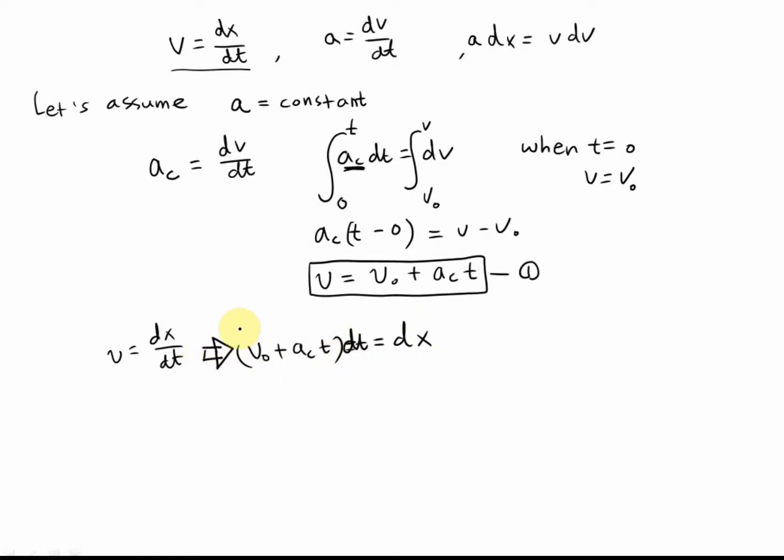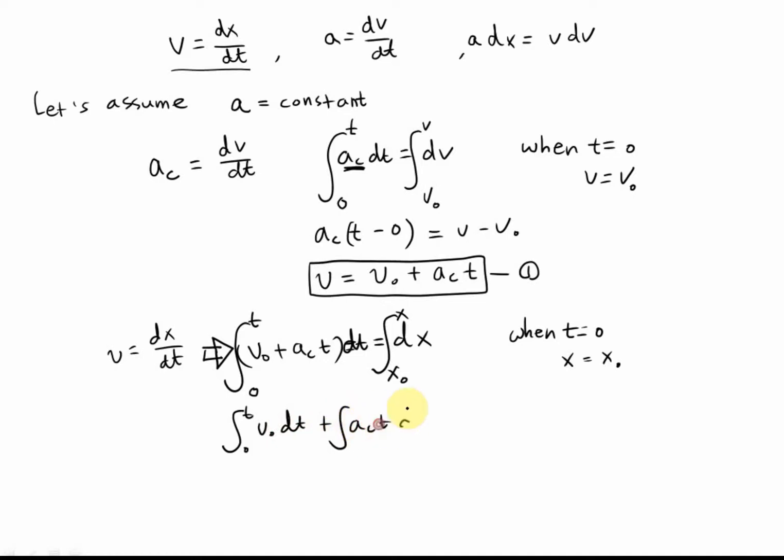Then let's take an integral of this one too. Let's say from 0 to a certain time t, when time is equal to 0, let's say our initial position is x0, so x0 and x. Then if you just take integrations, you can write down this integration like that.